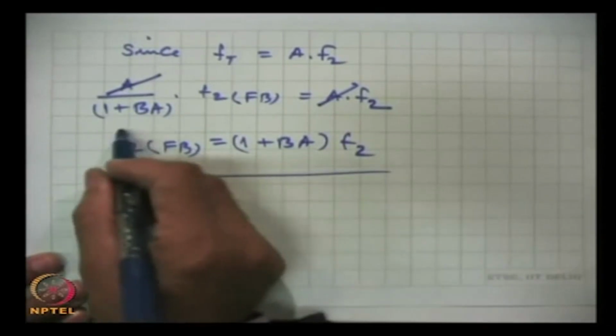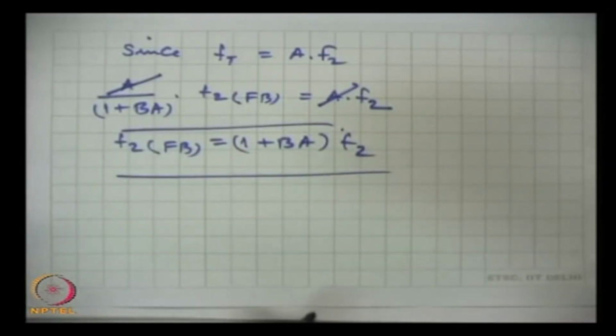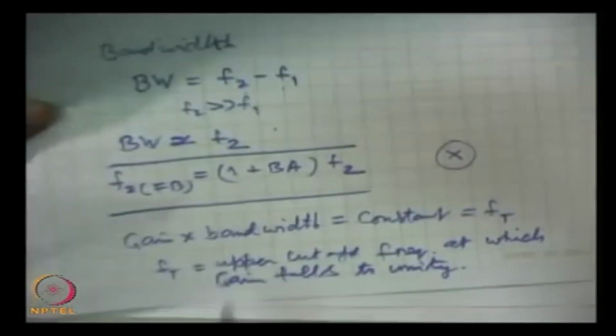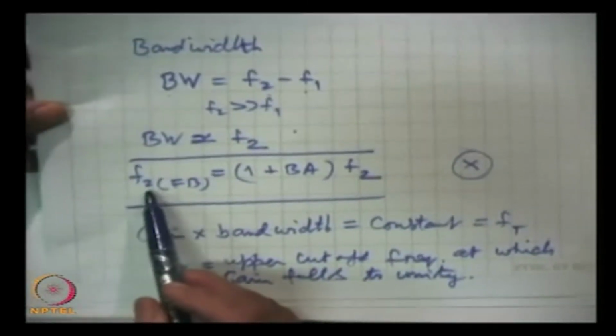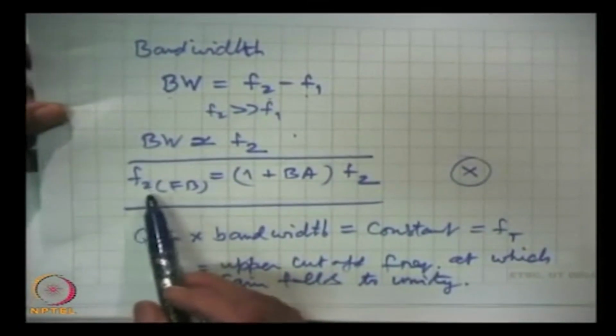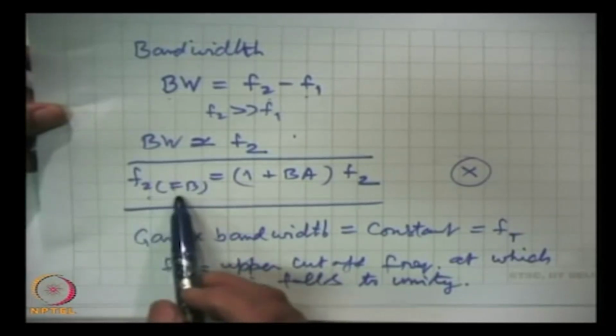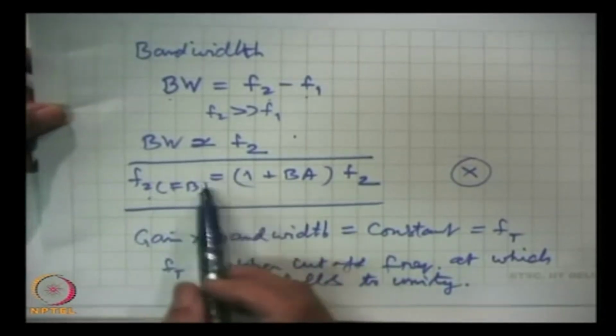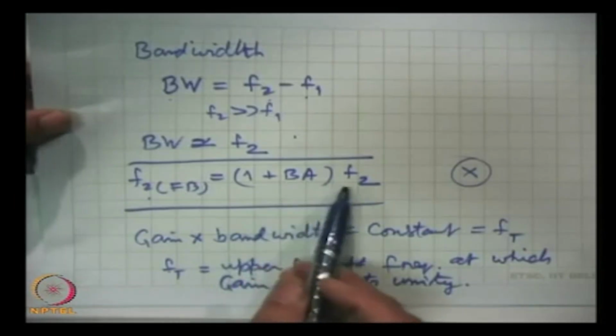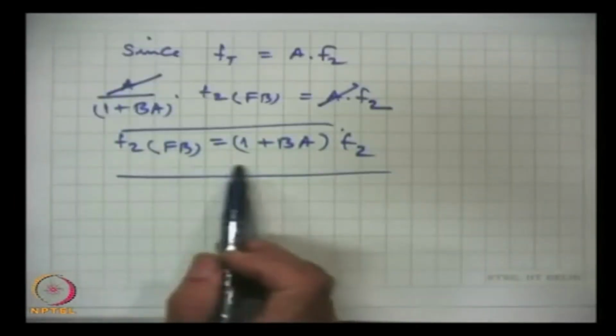This is the same equation as we had earlier, equation X. The upper cutoff frequency, which is the bandwidth for a feedback amplifier, equals 1 plus BA into f2, the same we get here from a different angle.